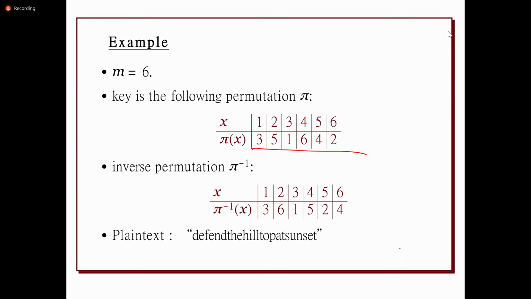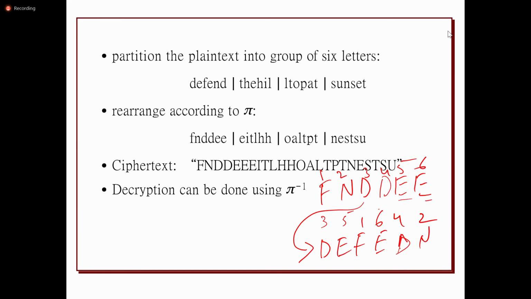The procedure is whatever we are getting. So if we write F and D, D, E, E. Okay, so 3, 5, 1 is F, 6 is N2.